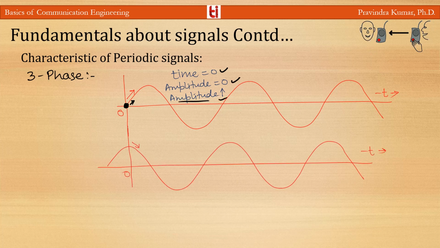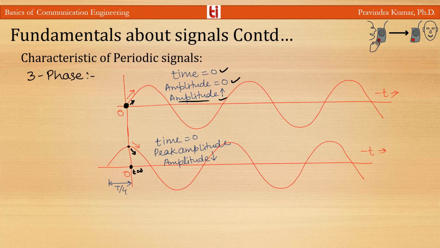And this is another sine wave with a phase of 90 degrees. Here you can see at time 0 the amplitude is maximum, and from this point amplitude is going to decrease.